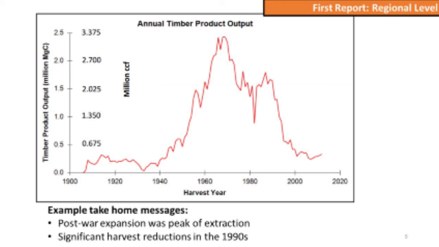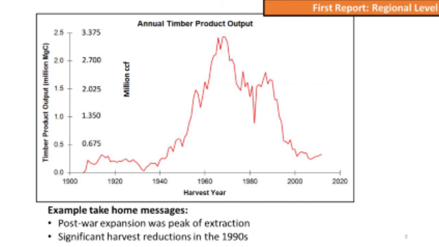Post-war extraction was the peak of the extraction. And there's been significant decline in harvests since the early 90s. So if you want this information, this seems like this would be great information for timber monitoring, timber product monitoring. It's in the first report, and you'll see in a second what we've done to this to extract the carbon story from it.